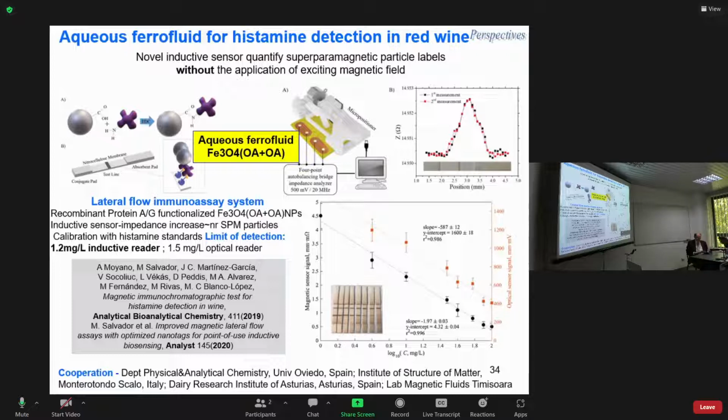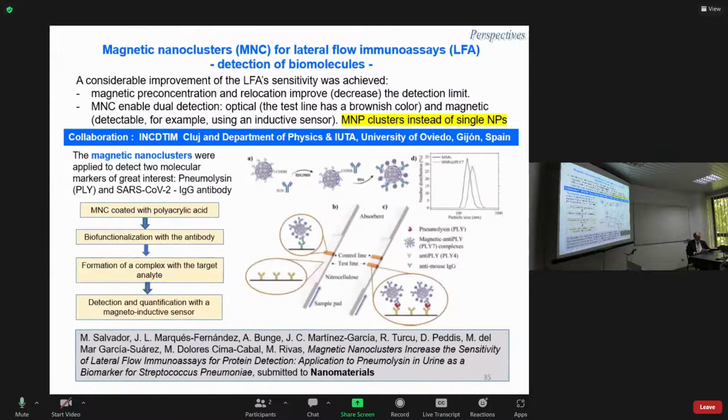It uses a functionalization of the oleic acid double layer coated magnetite nanoparticles, and the detection is based on the hydrodynamic volume and the magnetic signal they produce. They don't need an applied magnetic field. It's actually an AC susceptibility measurement, and this gives the result. Of course, it needs a lot of things to put this together.